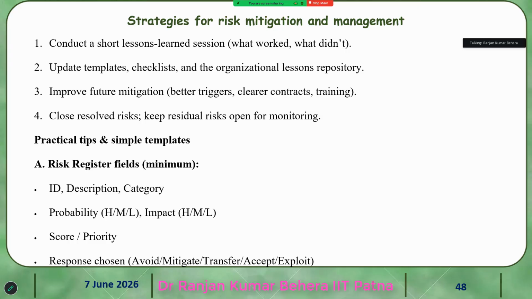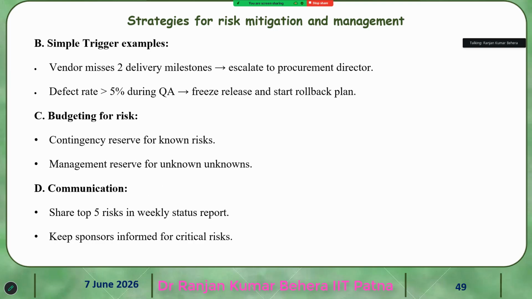And then response: mitigate, avoid, transfer, accept, or exploit. A simple trigger example: vendor misses 2 delivery milestones and it is escalated to the procurement director. Defect rate is greater than 5% in quality assurance: freeze release and start the rollback plan.